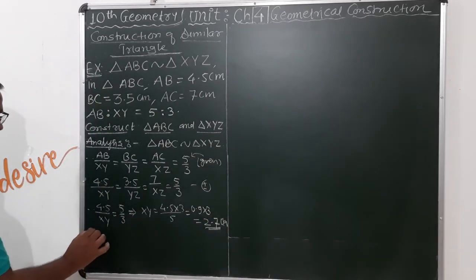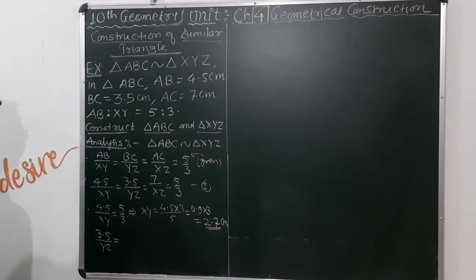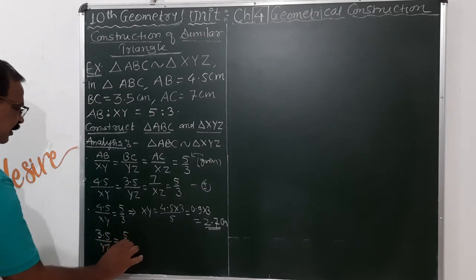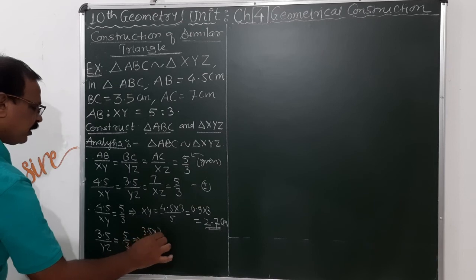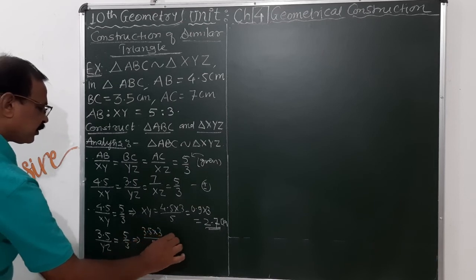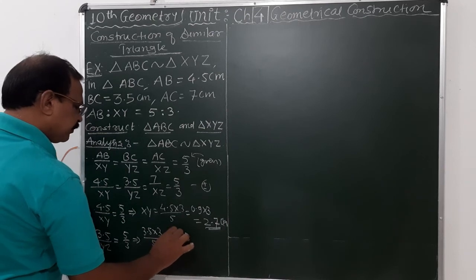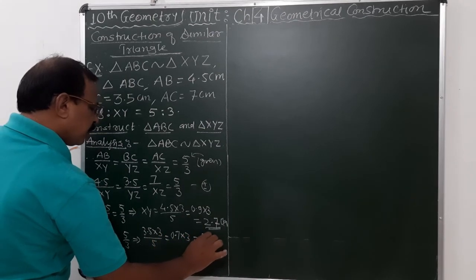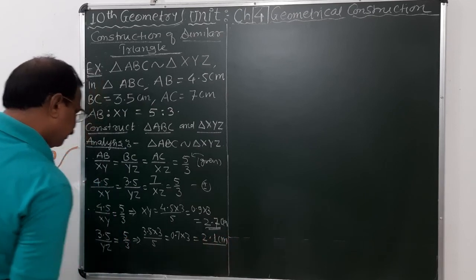Secondly here, 3.5 divided by YZ is equal to 5/3. It gives 3.5 into 3 divided by 5. So this is equal to 0.7 into 3. This is 2.1 centimeter. Second value.